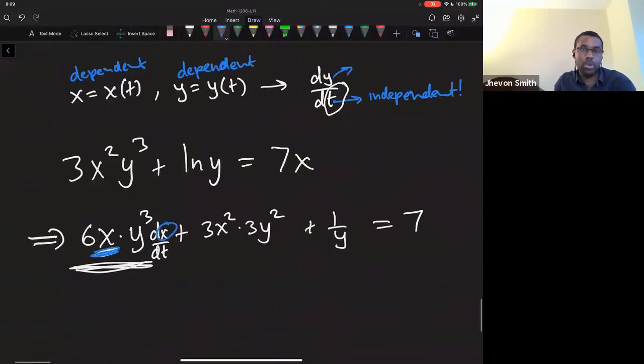He goes on top. The independent goes on the bottom. So you differentiated the x, you need a dx dt. You need an x prime. Why do you need an x prime? Because x is dependent. In this one, we differentiated the y part. We left the x part alone. So you need a y prime.